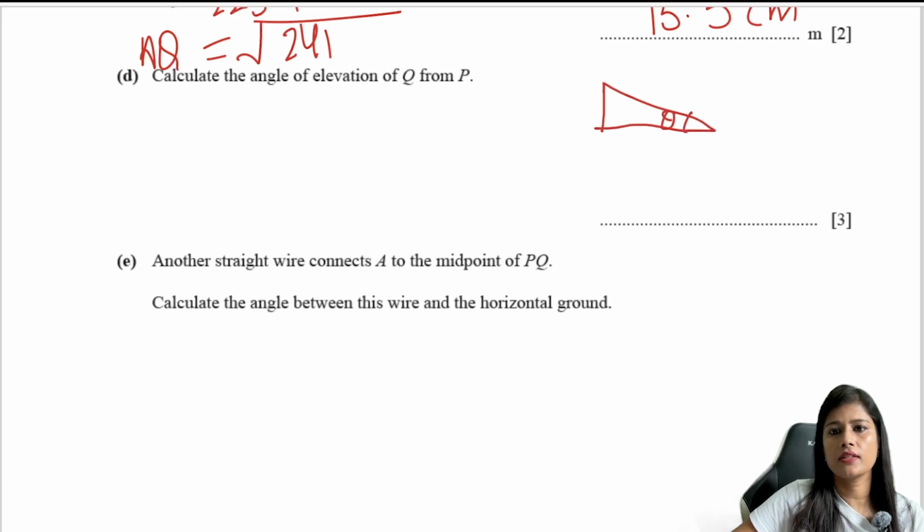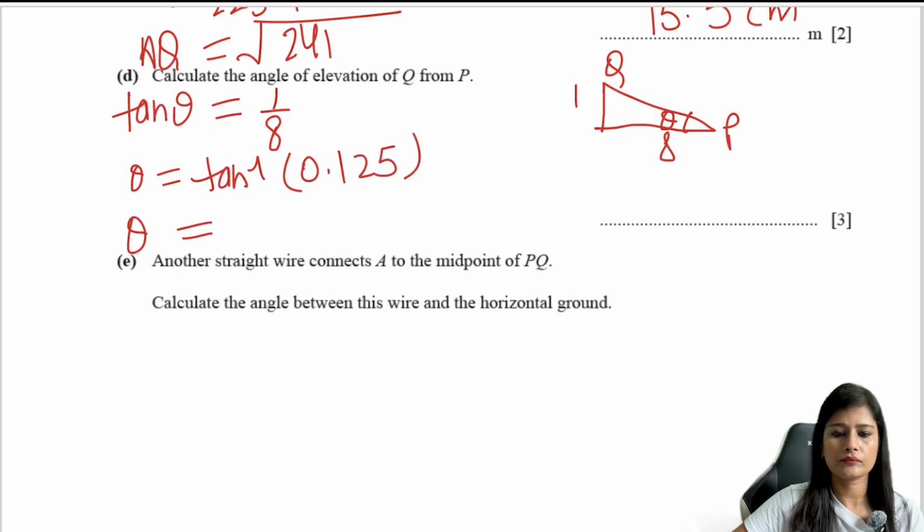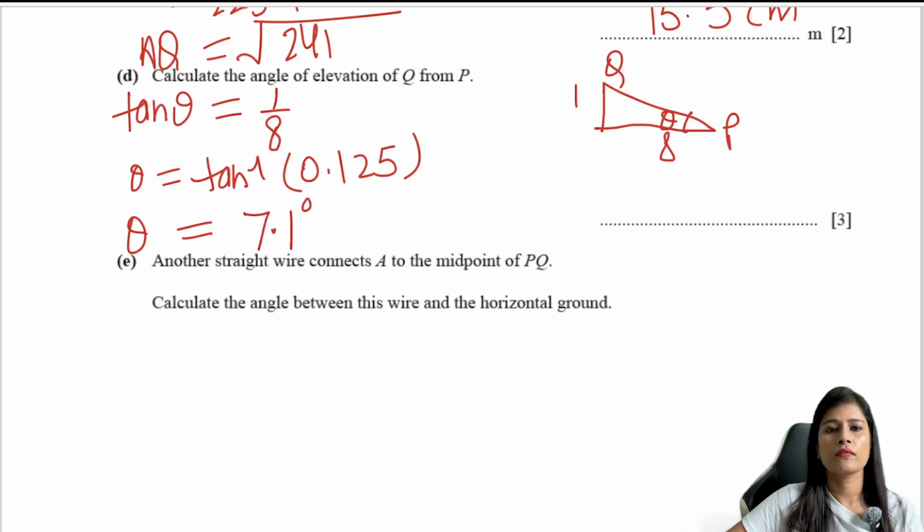I have here theta, P, this one Q, this one 1, and this one is 8. So I can write here tan theta is opposite over adjacent. So theta is tan inverse of 0.125. So theta is 7.1. So this angle is 7.1 degree.